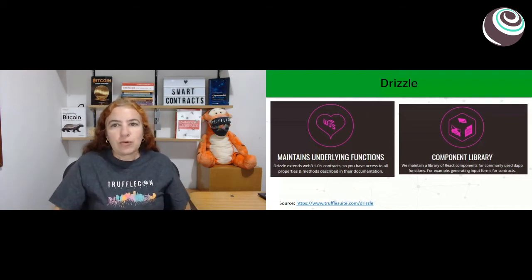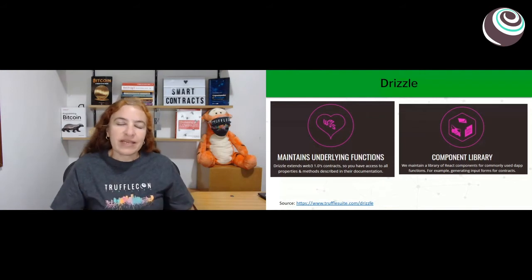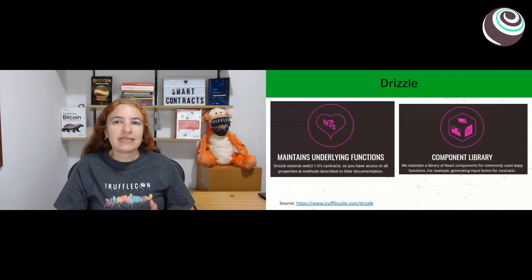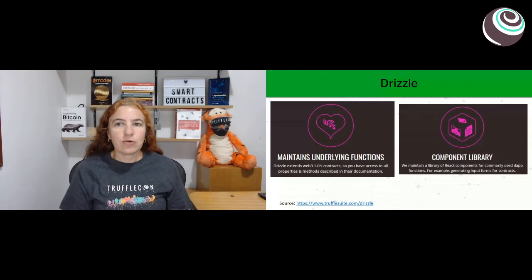More about Drizzle. When we are not using Drizzle, we need to create our own functions to use Web3 and to communicate with the smart contracts. But Drizzle makes this easier because it extends the Web3 contracts.